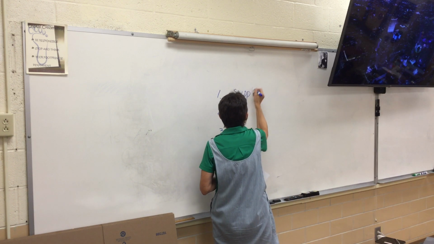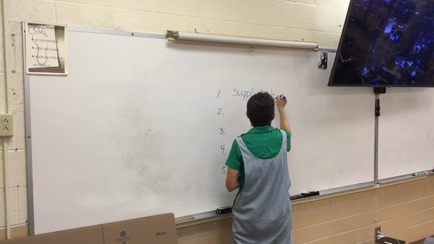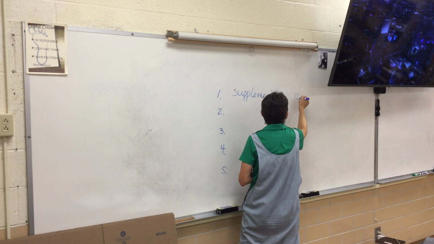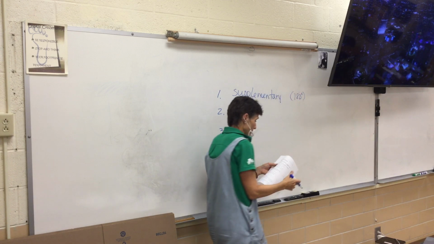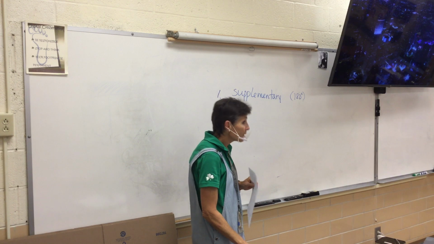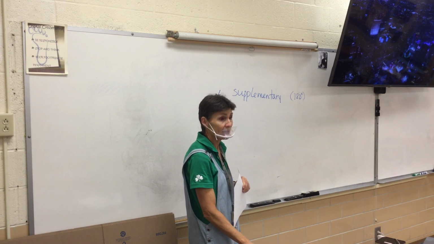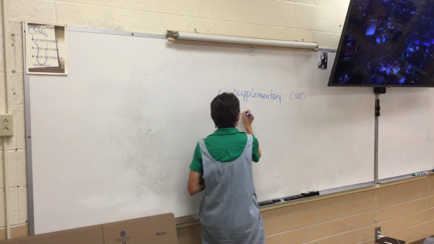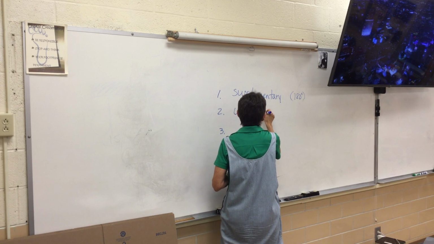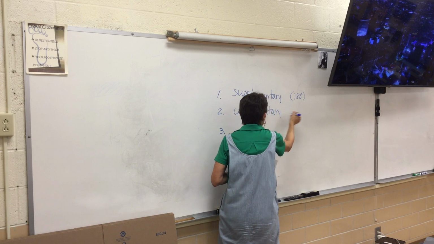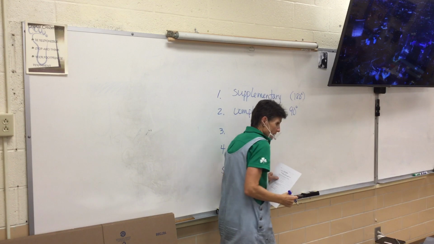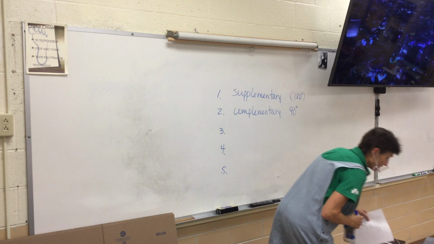So supplementary is the word that means they add up to 180. That's the 180 word. If they only add up to 90, they are complementary. So complementary is they add up to 90. So girls, we're on the 1.5 warm-up.